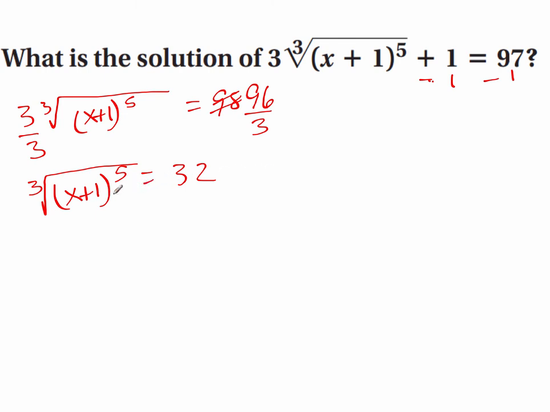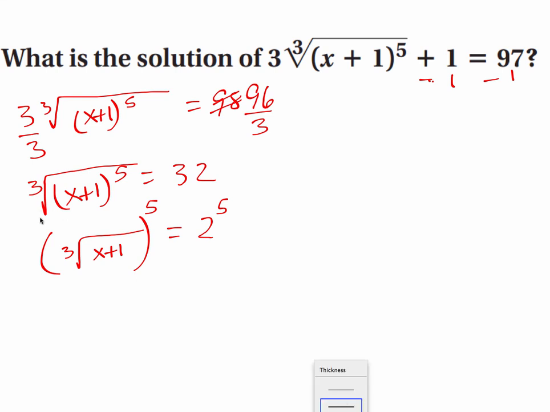So there are a couple of things you can do here. I'm going to actually switch the order. I'm going to write this as the cubed root of x plus 1, whole thing to the 5th. Why? Because I know 32 is 2 to the 5th. In order to get rid of the 5, I'm going to raise everything to the 1/5 power.